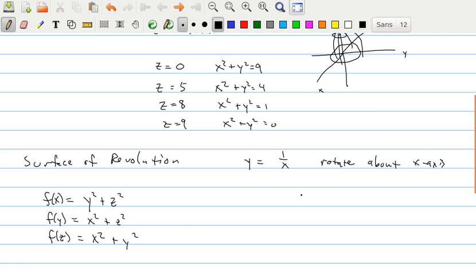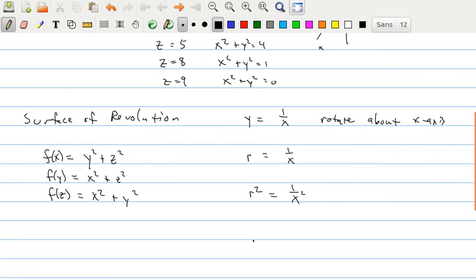So rotating about the x-axis, well, that means we've got to hold these x's by themselves. We have to isolate all the x's. This is going to be our function of x. So I see that my radius, when I rotate this around the axis, my radius will be 1 over x. So if I square both sides, I get r squared equals 1 over x squared. Now this r squared is the distance from a point on the curve to the x-axis.